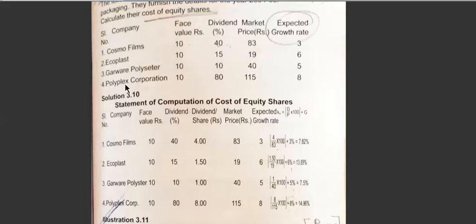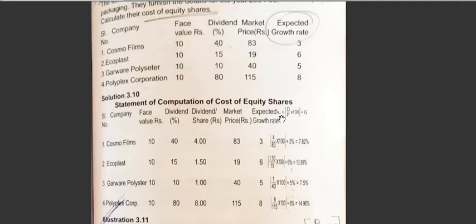You draw the columns of company, face value, dividend percentage, then calculate dividend per share. Dividend per share is nothing but face value into percentage. If you multiply 10 into 40%, you will get 4 rupees. Then market price, then growth rate, which is given in the problem.